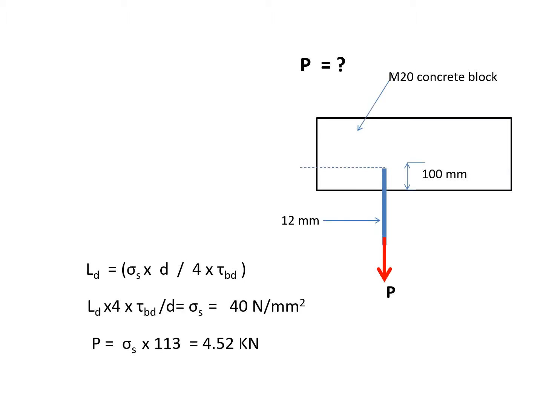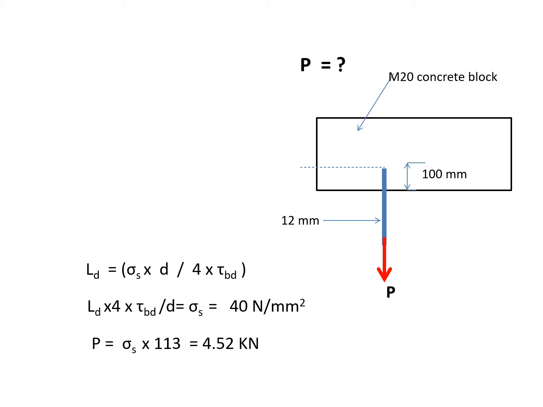One more, let's do this example. Suppose I embed a 12 mm bar in concrete for 100 mm. I want to know with what force I can pull it out. I'm using the formula LD = sigma S into D by 4 into tau BD.